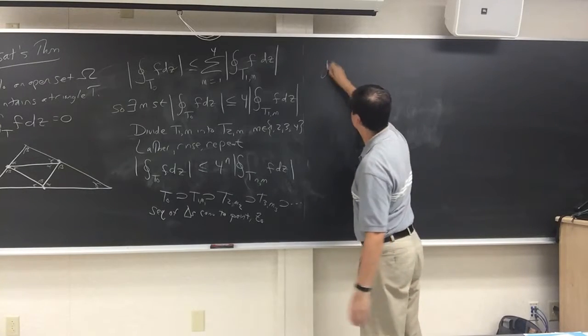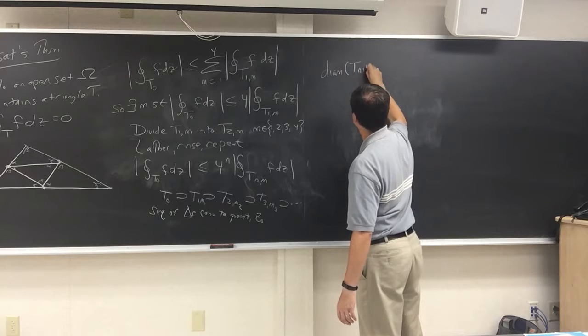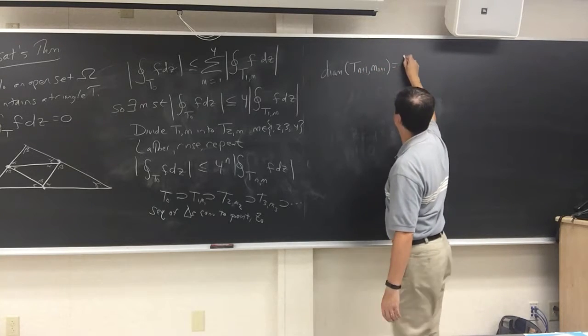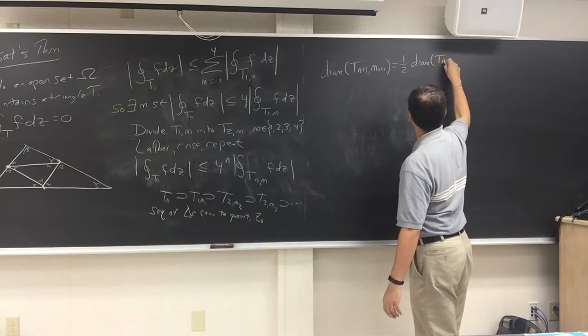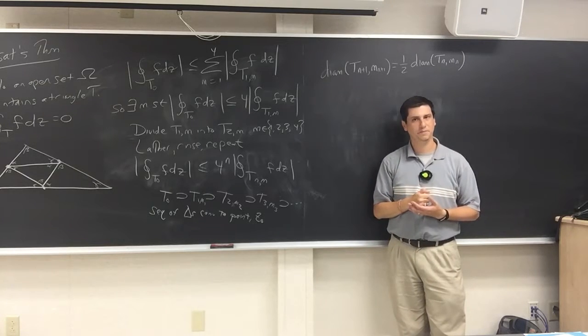So the diameter of T n plus 1, m sub n plus 1 is equal to 1/2 the diameter of Tn, mn. The diameter is going down by a factor of 2 each time.